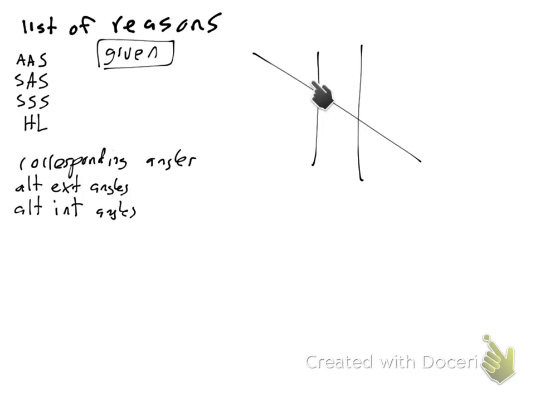So we have corresponding. Corresponding would be something like this angle and that angle. Alternate exterior is this larger angle is the same as this outside larger angle. Alternate interior, this angle right here is congruent to the other side angle there. That's alternate interior. Corresponding, alternate interior, alternate exterior.